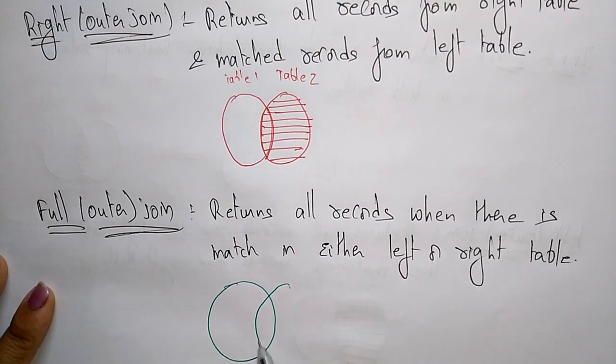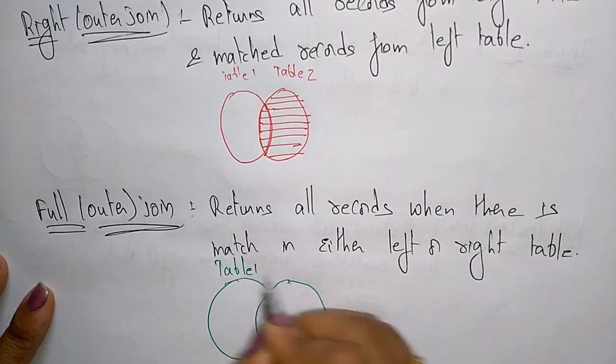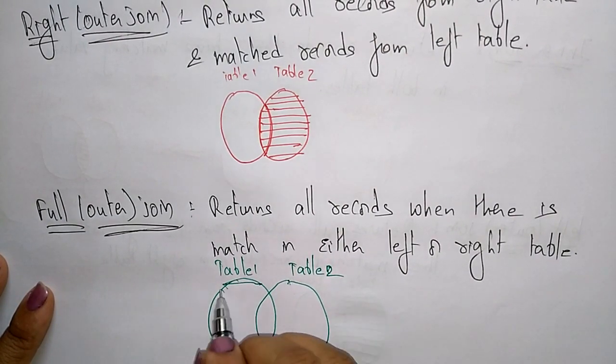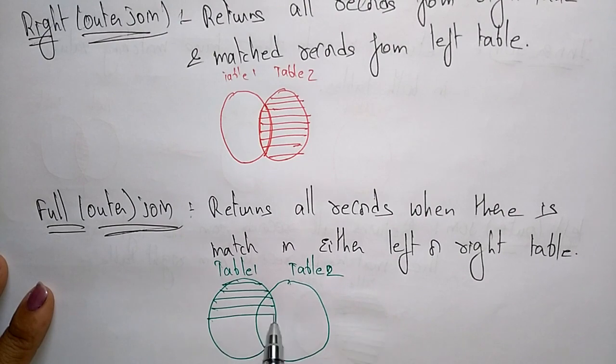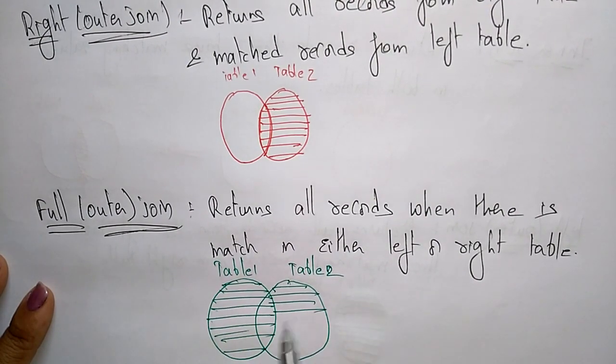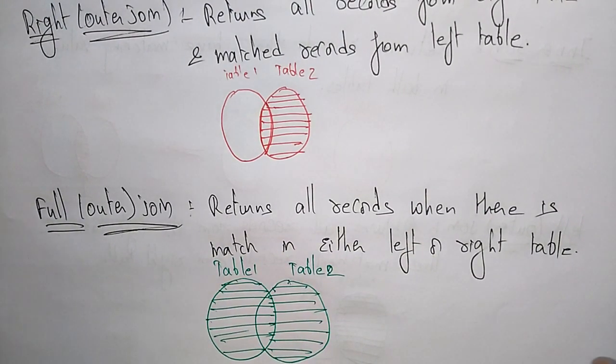So it returns all the records from both the tables. That is full outer join. Table 1, table 2, this is full outer join.